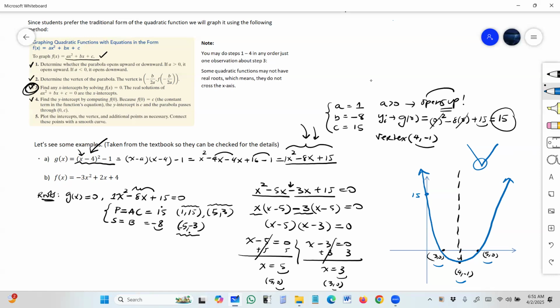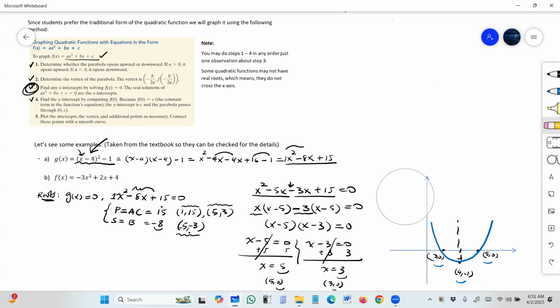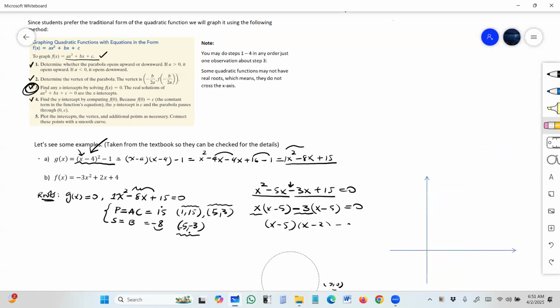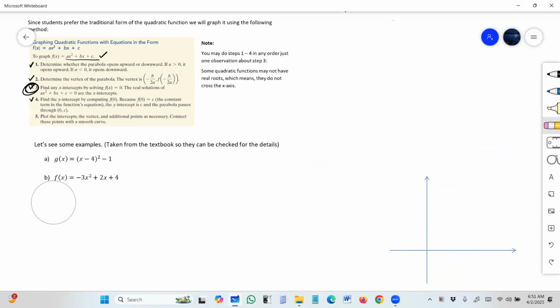Okay, so let's do the second function. I picked this second function on purpose because we are not going to be able to factor it. So in order to find the roots, you're going to have to use the quadratic formula, which is again a nice review.